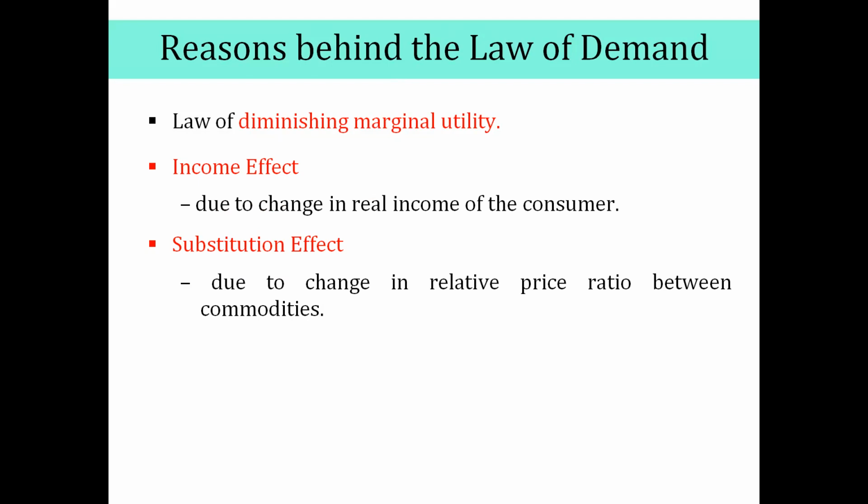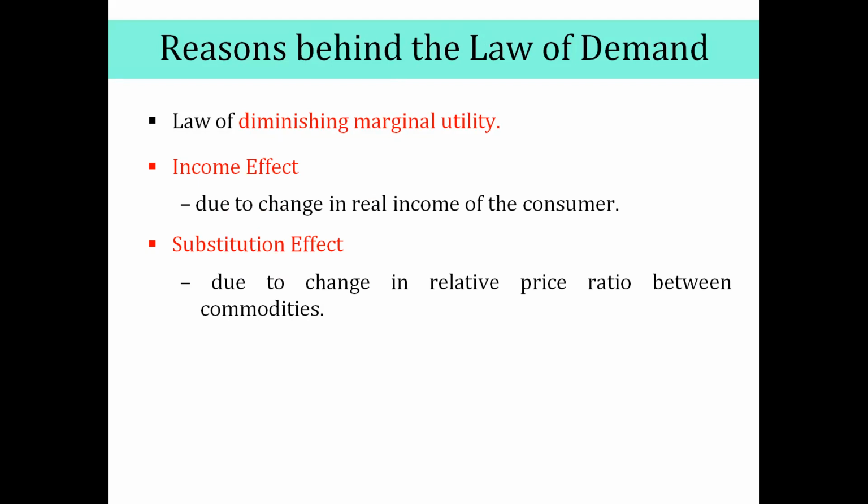Take the example that the price of the commodity increases. In that case, what will happen? If the price of the commodity increases, then the purchasing capacity of the money income of the consumer will decrease. As a result, the consumer will be able to purchase a lesser quantity of the commodity.